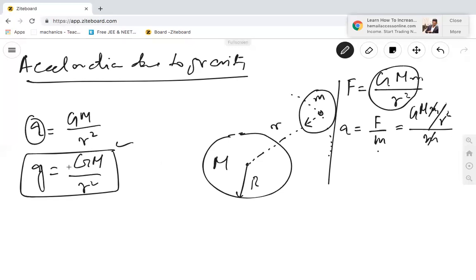It only matters what is the mass of the earth. That's why when two persons fall from an aircraft, they will have the same acceleration. Because the acceleration does not depend on their mass. It depends upon the mass of the earth, which is the same for both, because earth is pulling both of them downwards.